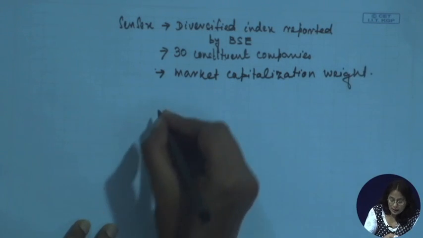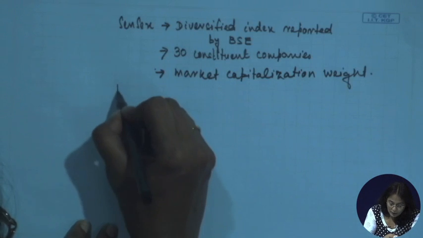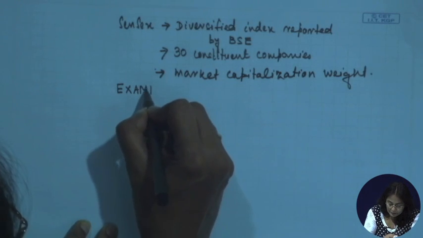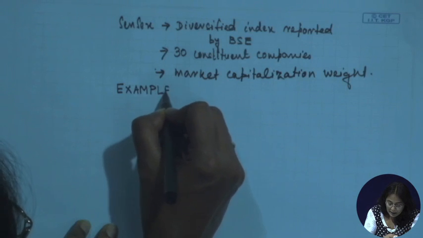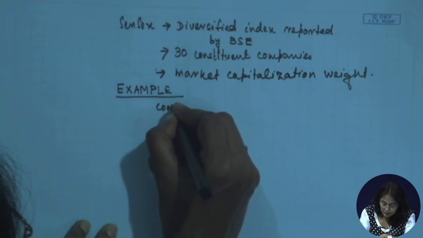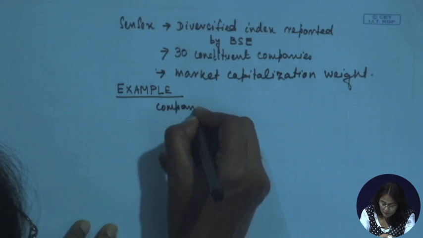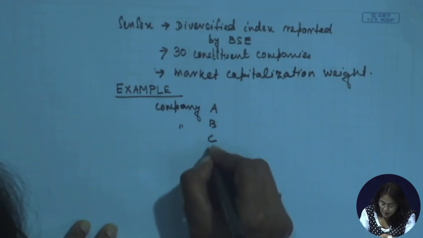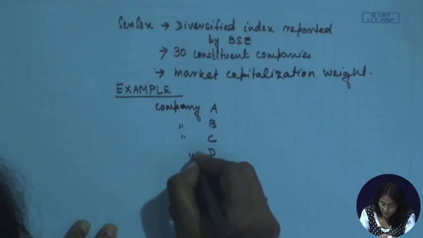Let's take a numerical example. So let's say instead of 30 companies, let's say the index has 4 companies: company A, company B, company C, company D.